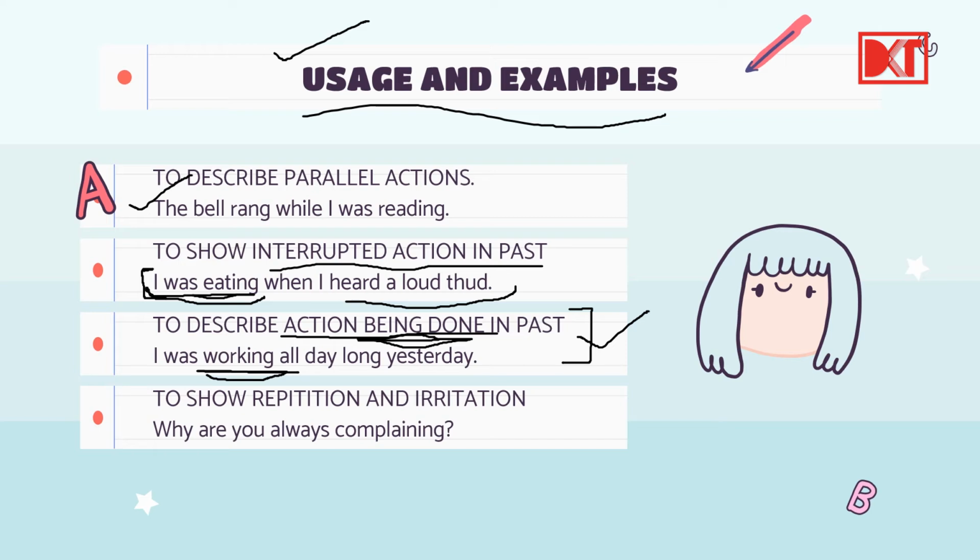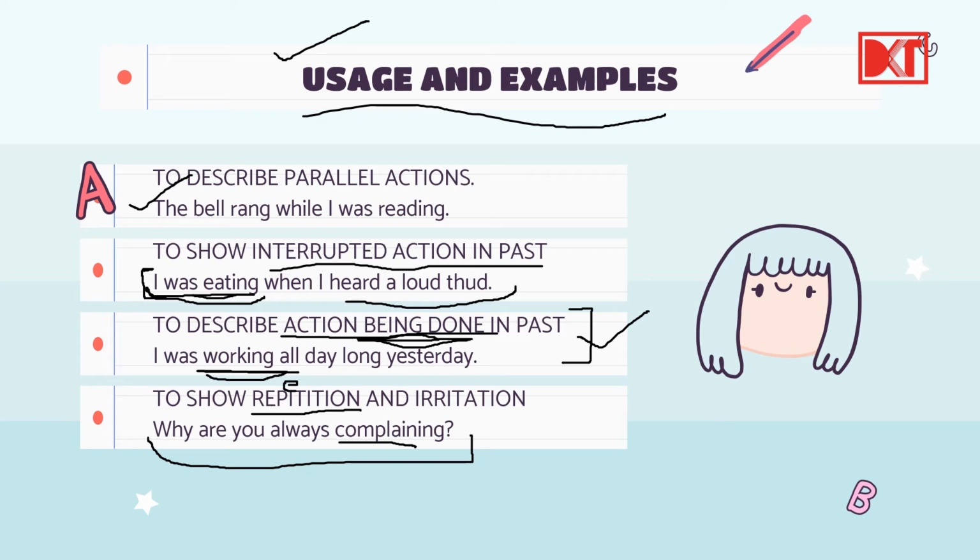Now to show any kind of repetition and irritation. And here I'm sorry, there's a spelling error. For repetition, between P and T, we get E. So to show any repetition or irritation, example, why are you always complaining?